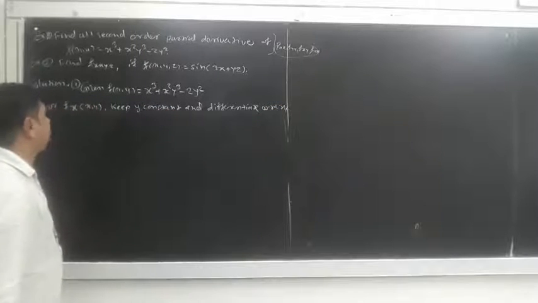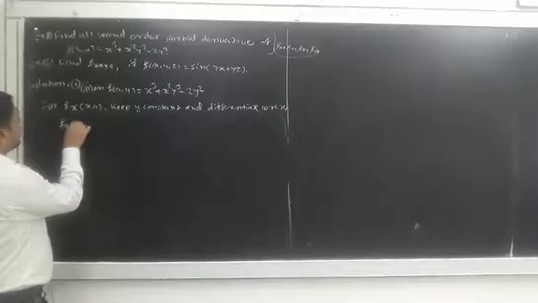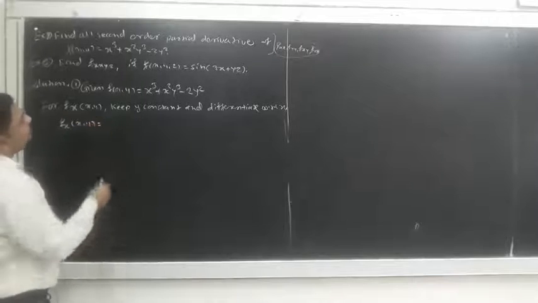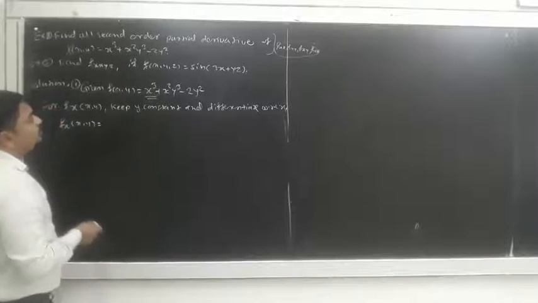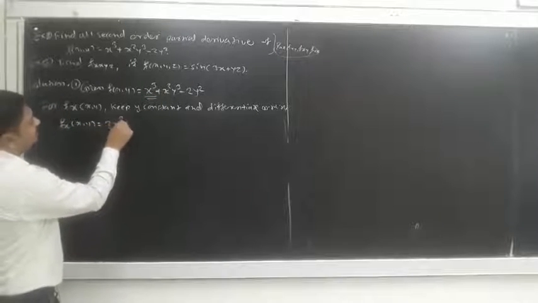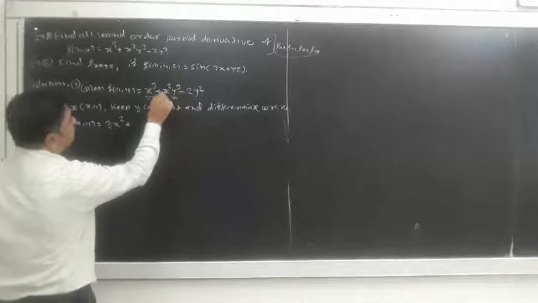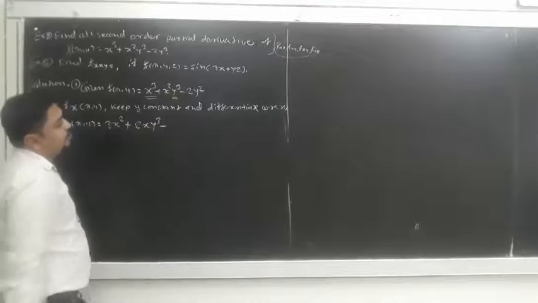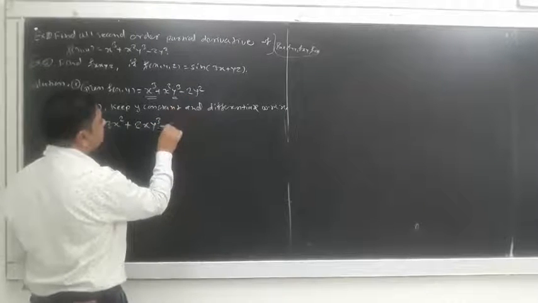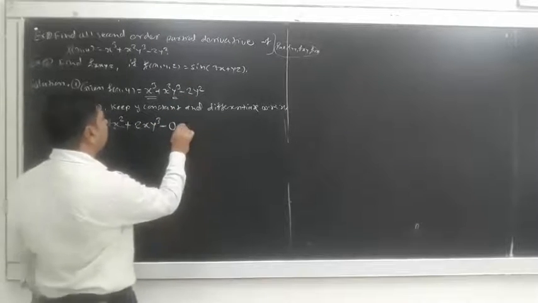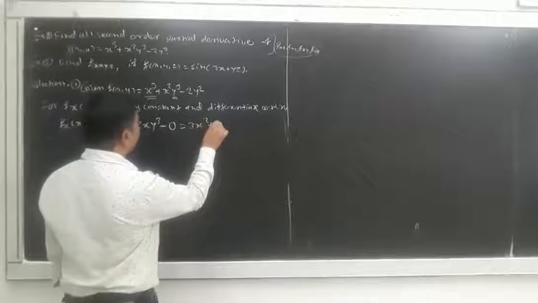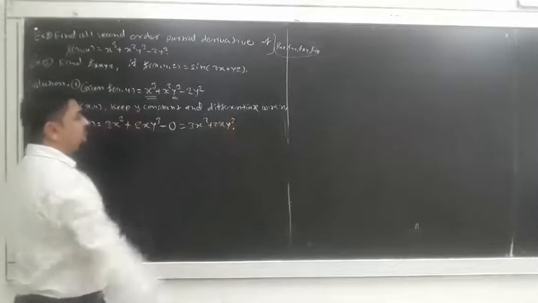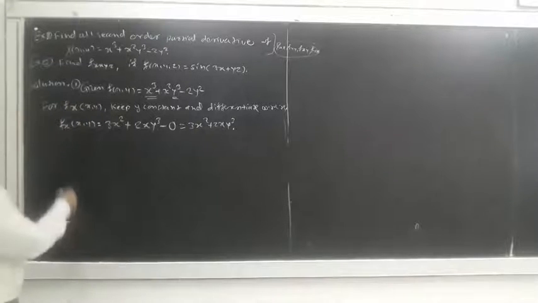So fx(x, y) is equal to what? The derivative of x³ is 3x². Here y is constant, so the derivative of x²y³ is 2xy³. So fx = 3x² + 2xy³.